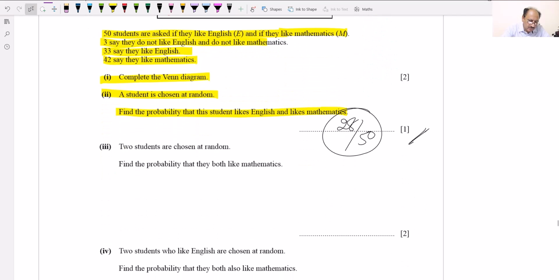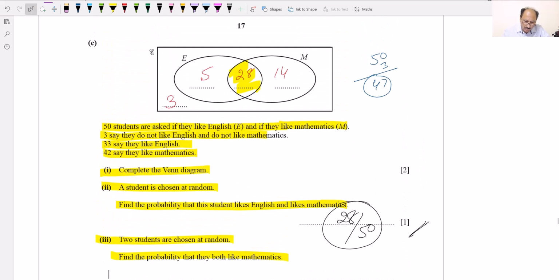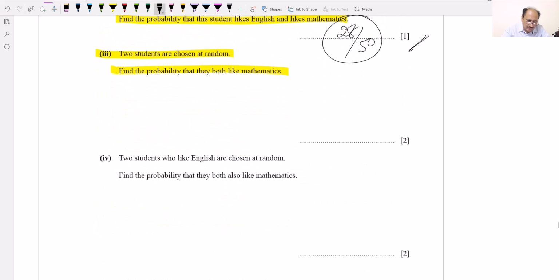And then they are saying two students are chosen at random, find the probability that they both like mathematics. So 42 students like mathematics, so we can take first one, 42 out of 50.